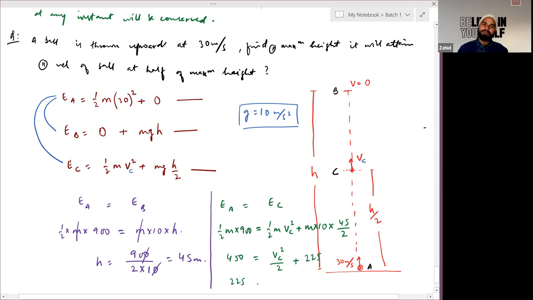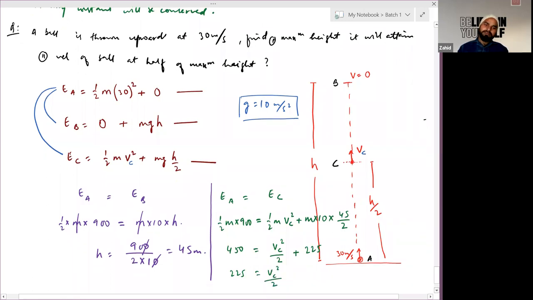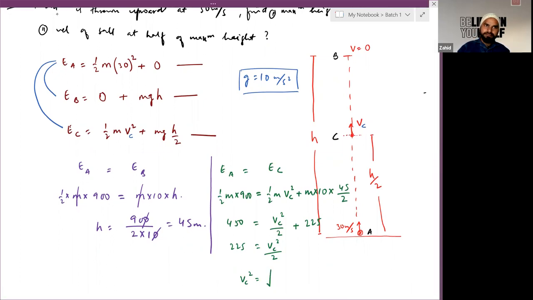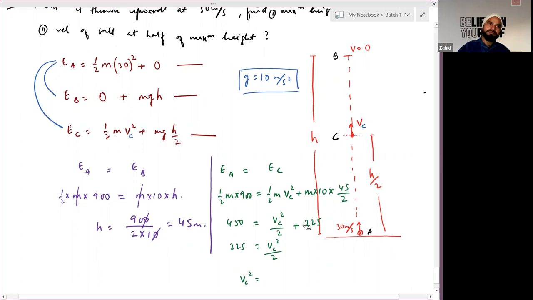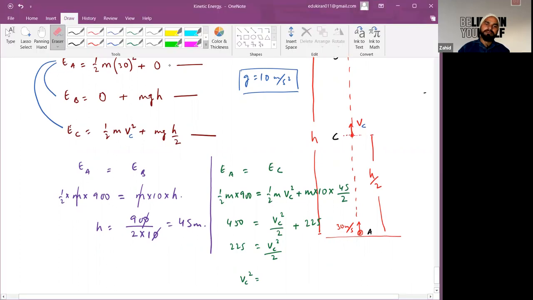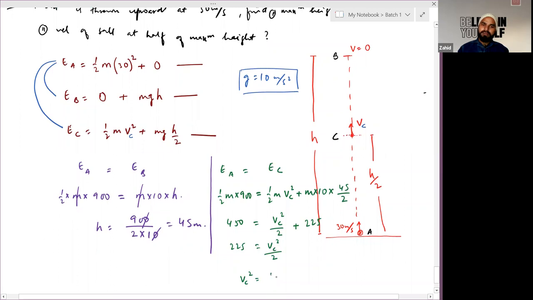It will become 225 equal to the velocity at C squared divided by 2. Move this 2 to the other side, and you will get velocity at C squared equal to 2 into 225.